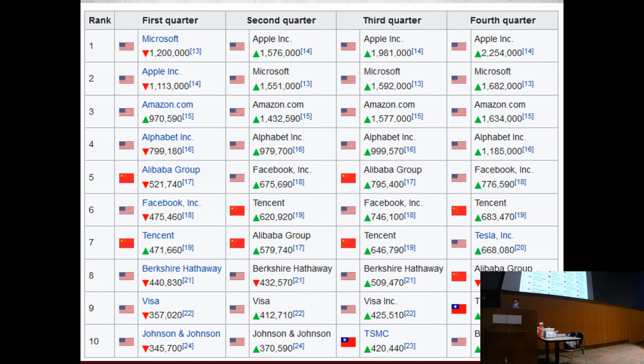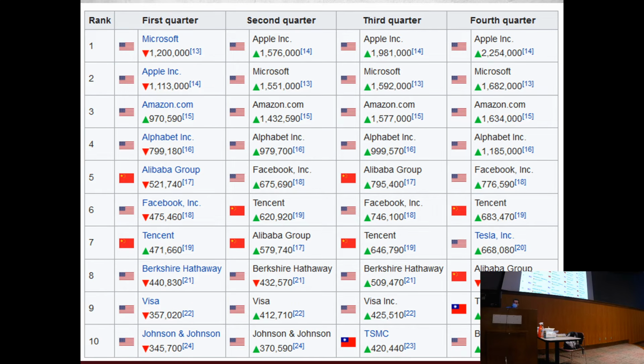So take a quick look here at the market caps of firms. This is for the year 2020. You can see the top 10 firms ranked by market cap. Do you see any sort of trends on there? Is there one industry that's kind of dominant on this list? So the fourth quarter of 2020, Apple, market cap of 2.2 trillion.